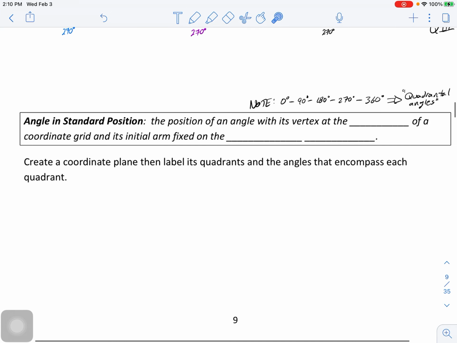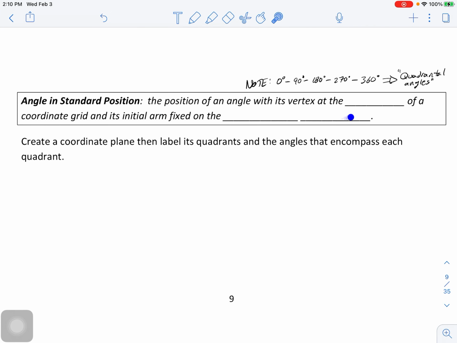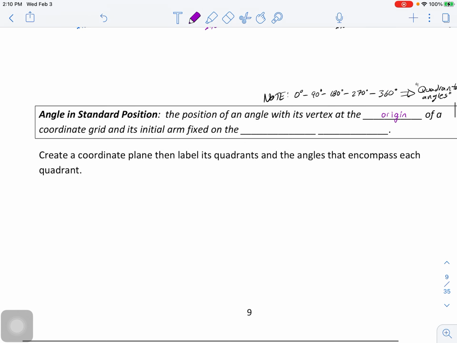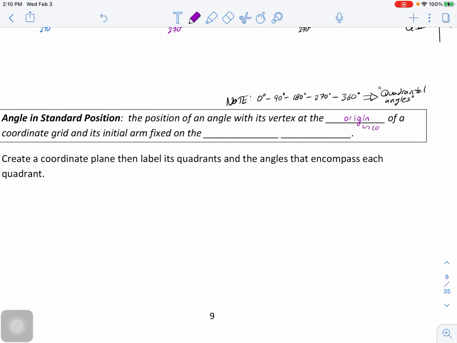So, angle in standard position. Let's kind of just fully define this. The position of an angle with its vertex at the origin point, or we can just simply say origin of a coordinate grid, and an origin, again, is 0, 0, coordinate point 0, 0.